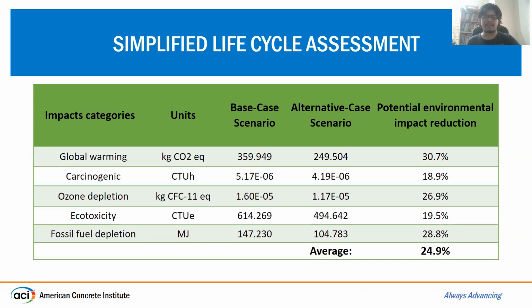In ecotoxicity, our alternative case scenario has a 19.5% potential environmental impact reduction. In fossil fuel depletion, our alternative case scenario has a 28.8% improvement over the base case scenario. So our overall average result is 24.9%, which is pretty good considering we have improved all the selected impact categories in our Ecoconcrete.